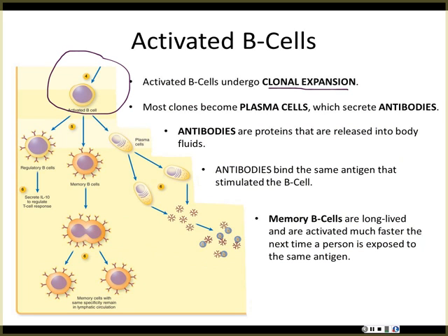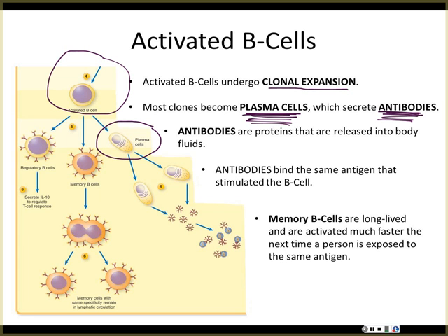Most of those clones go on to become these cells. They change and specialize into what are called plasma cells. And plasma cells make antibodies. That's their big job. They secrete lots and lots of antibodies.